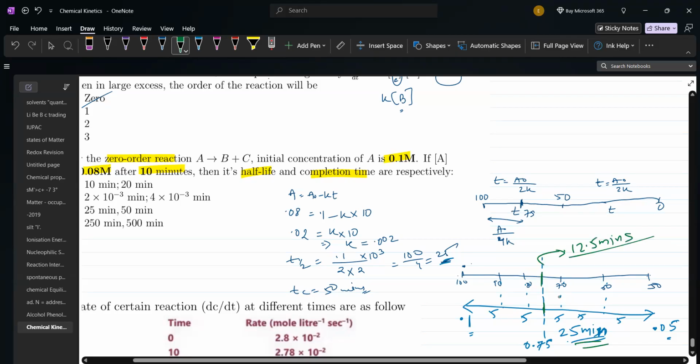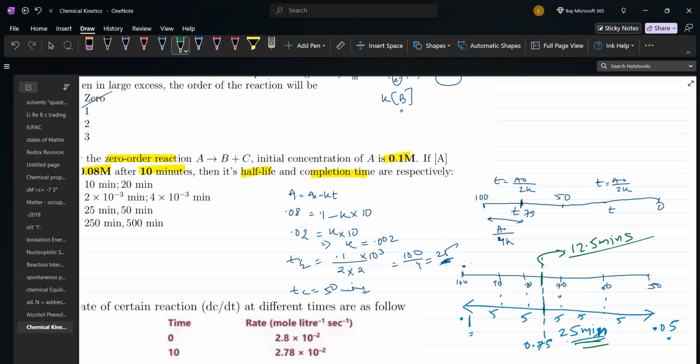This is exactly like when you have studied a car traveling at a constant speed. What distance will it travel in this much time with a constant speed? So this is happening like this only. In each 25 minutes, the concentration is becoming half.